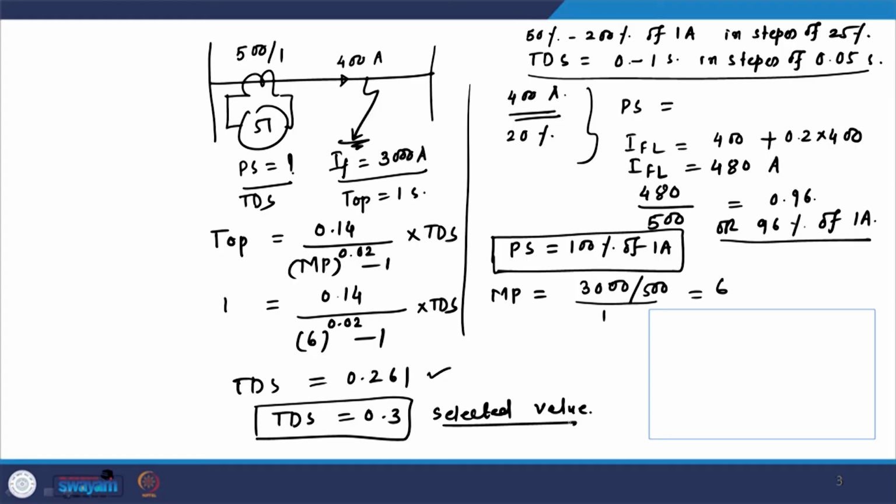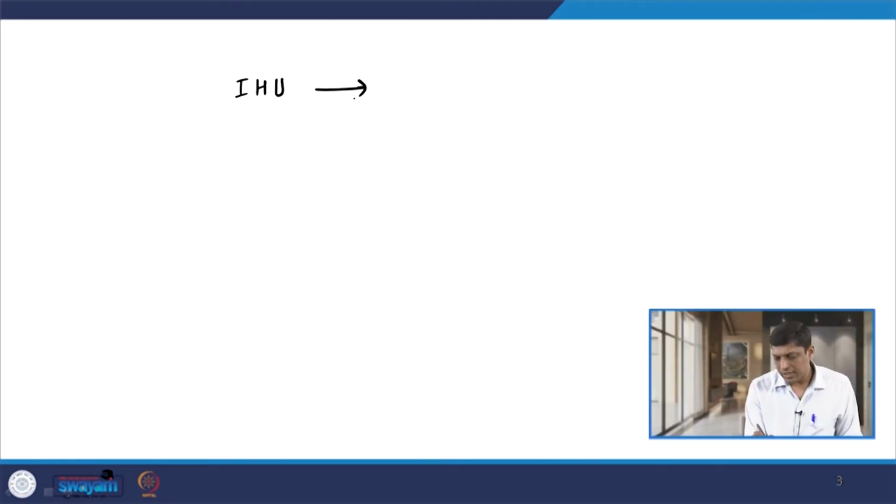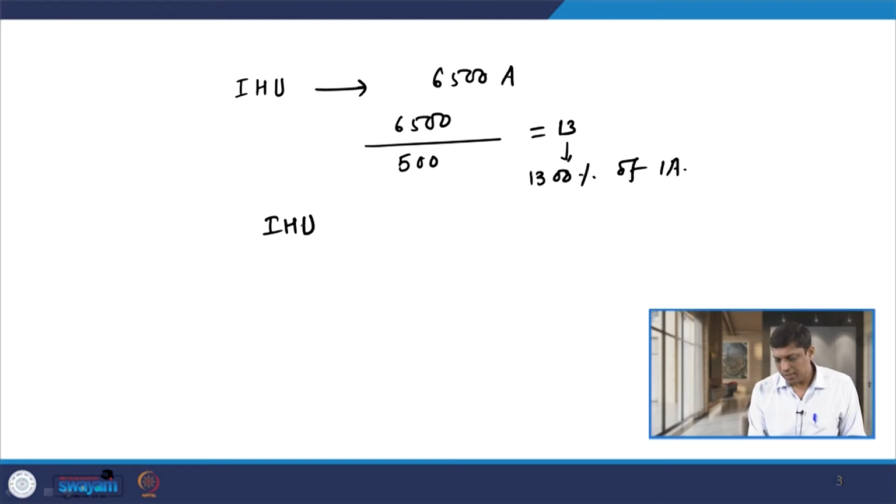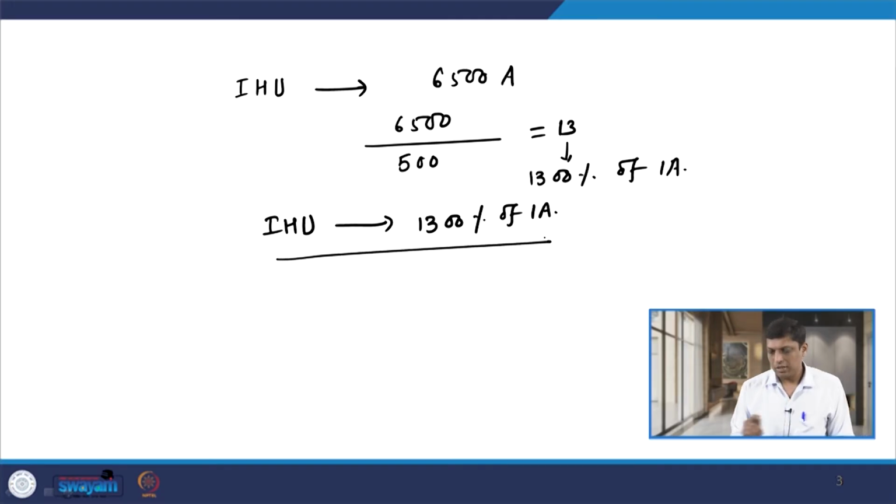If I divide this 6500 ampere by the CT ratio, that is 500 by 1, it comes out to be roughly 13. In percentage, that comes out to be 1300 percent, and this is of 1 ampere. So, the setting of this instantaneous high set unit we can decide as 1300 percent of 1 ampere. So, this is also completed.